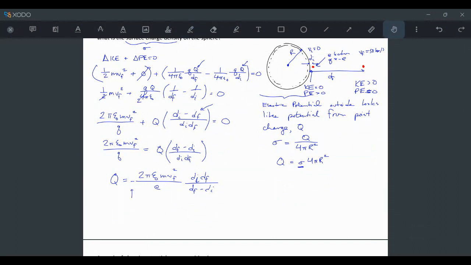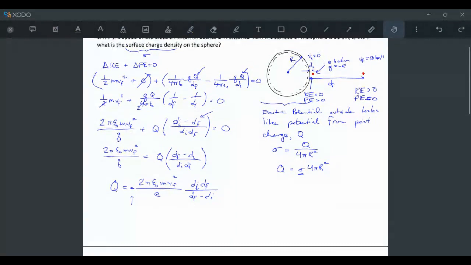Unless we have a negative from somewhere else, the final answer is going to be negative. The only place where a negative can come from is the denominator of this second factor here, df minus di. If we look at our diagram, df is further away from the sphere, a bigger distance than di. So this denominator will come out positive. So the only negative here is this one right in the front.